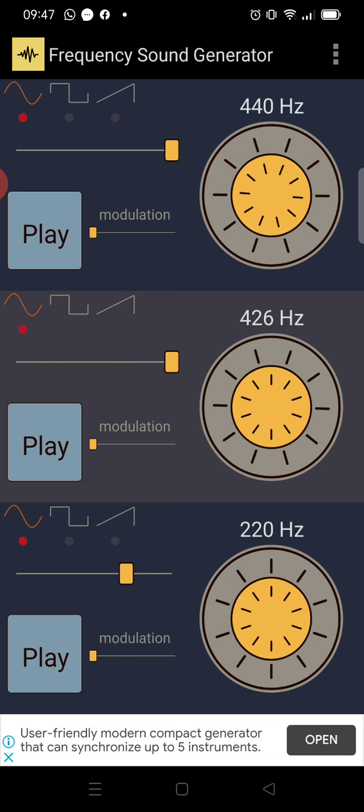The overall sound that you're hearing is sounding lower and lower, because, as I mentioned earlier, the pitch that you hear is actually the average of these two. The pitch you're hearing in this case is the average of 440 and 426, which is 433 hertz. So the pitch you're hearing is continuously decreasing as I keep reducing one of these sounds.